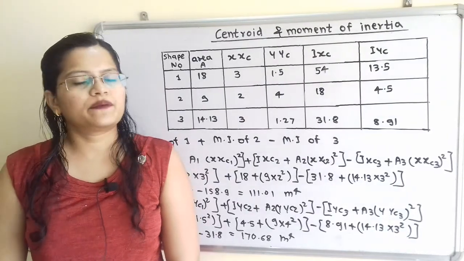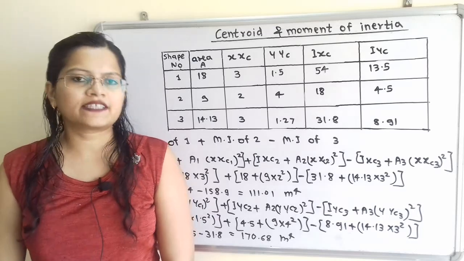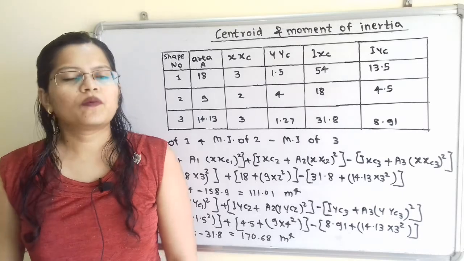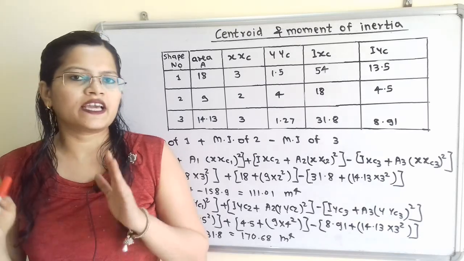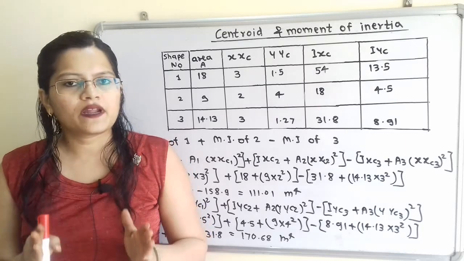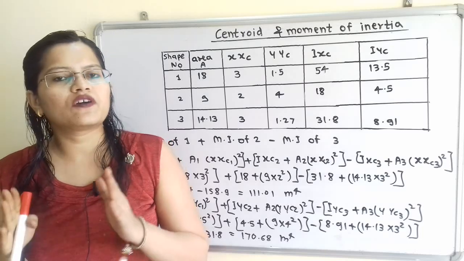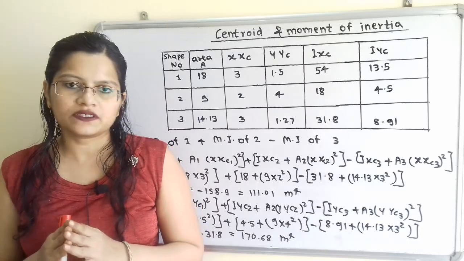We will calculate the moment of inertia of the shaded area along the x-axis and y-axis. So the moment of inertia of the shaded area is equal to the moment of inertia of shape 1 plus that of shape 2 minus that of shape number 3.